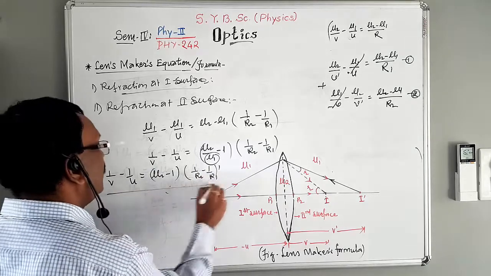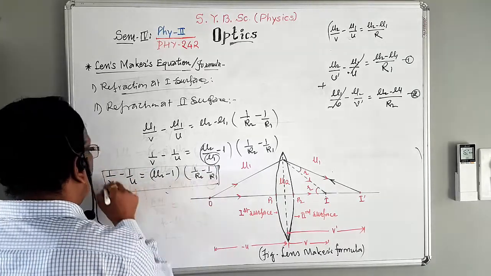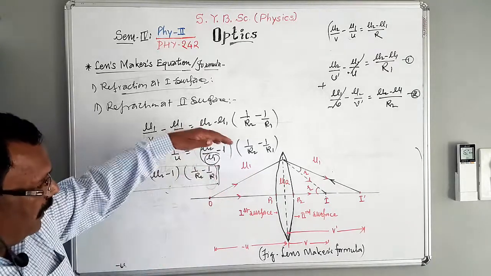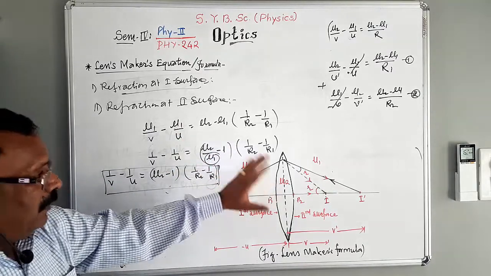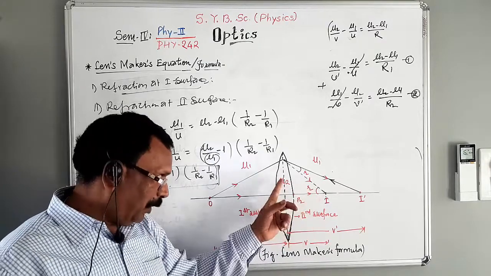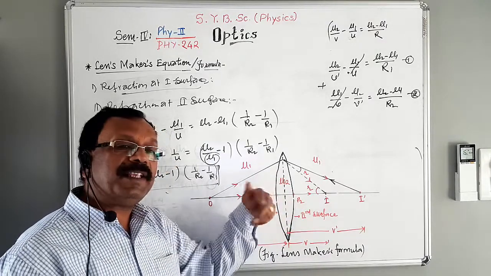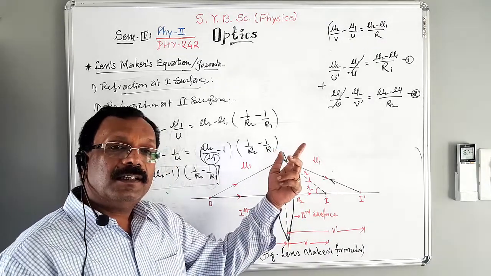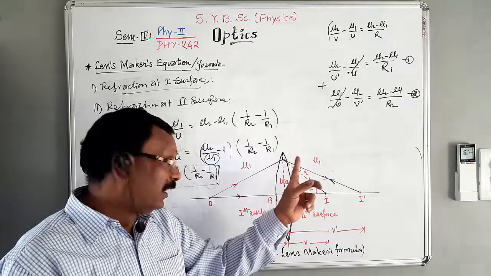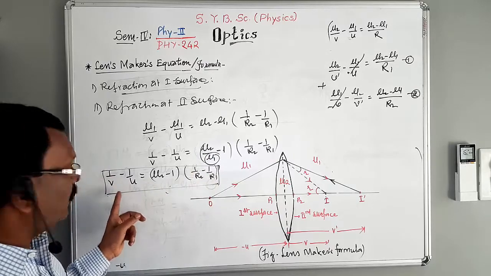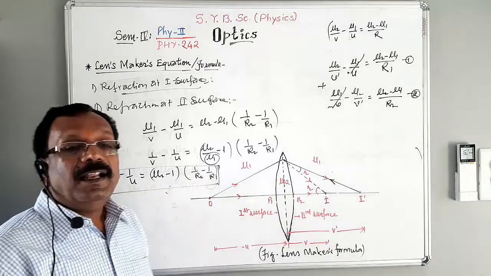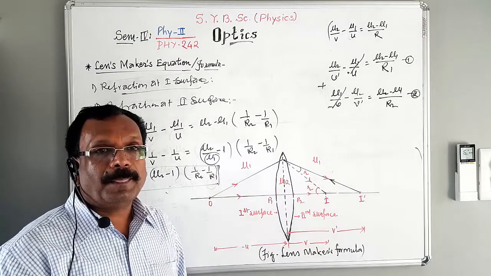This is the lens maker formula. What is the difference between the two? When the lens of refractive index mu2 is placed in air, the refractive index of air mu1 is 1, so substitute mu1 equal to 1 and you simply get this. This is the lens maker formula.